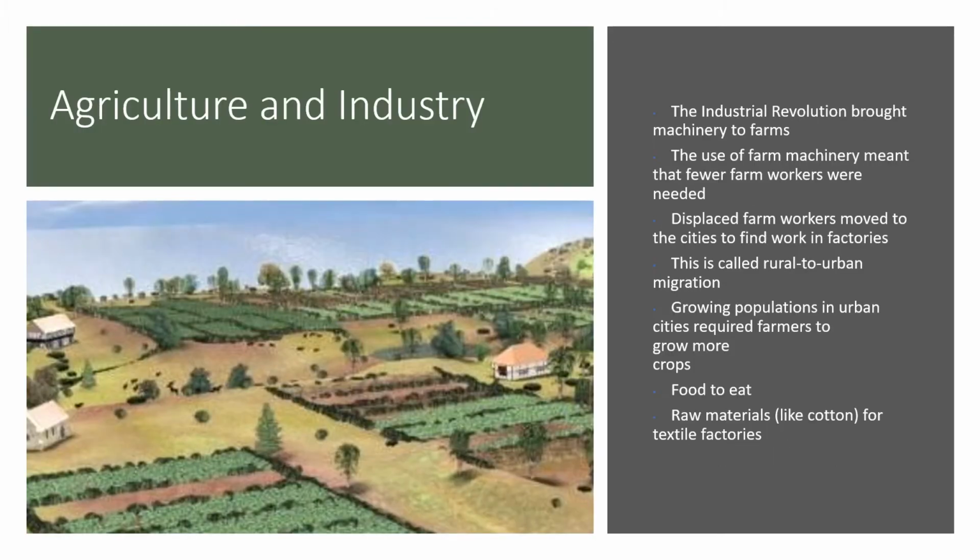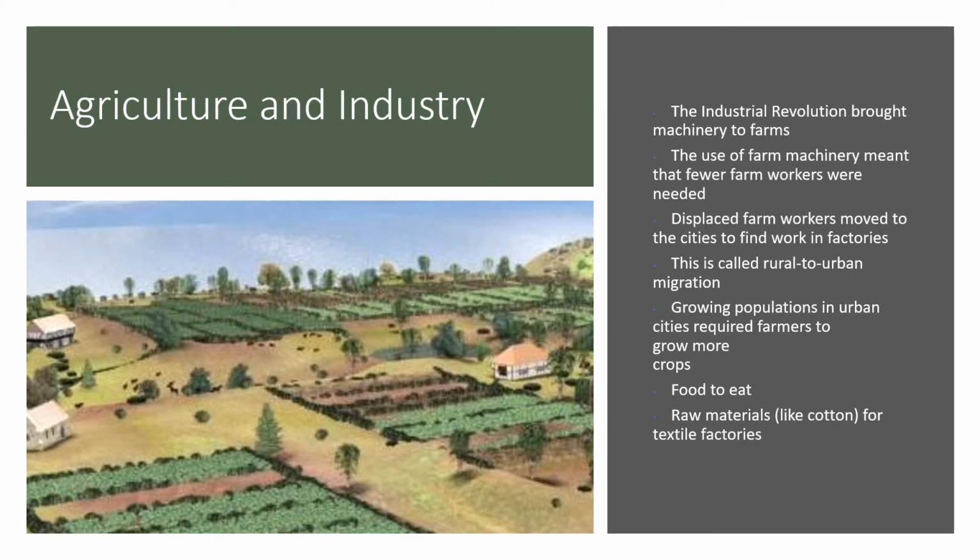But as the Industrial Revolution changed areas such as the textile industry, the revolution brought many changes to farming, such as machinery. The use of farm machinery meant that fewer farm workers were needed. One machine could replace the hands of several workers, which allowed the owners to produce more food at a lower cost.